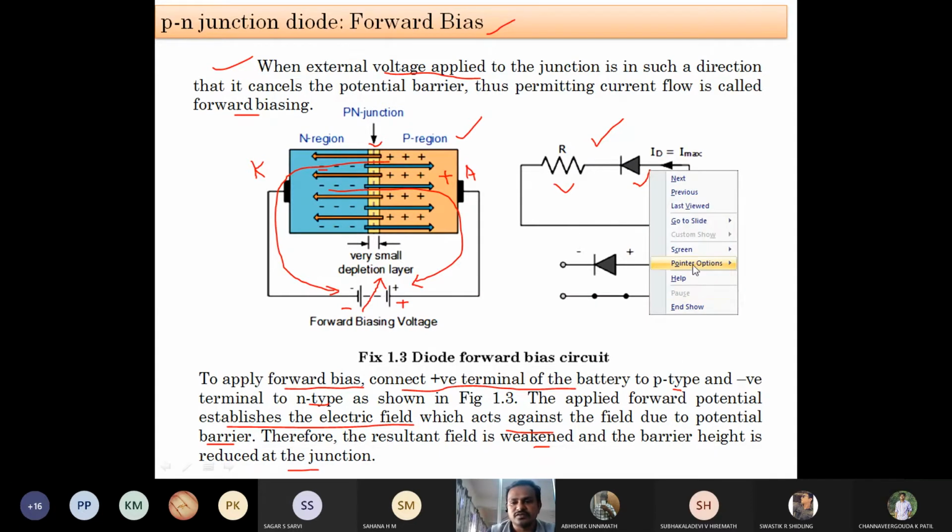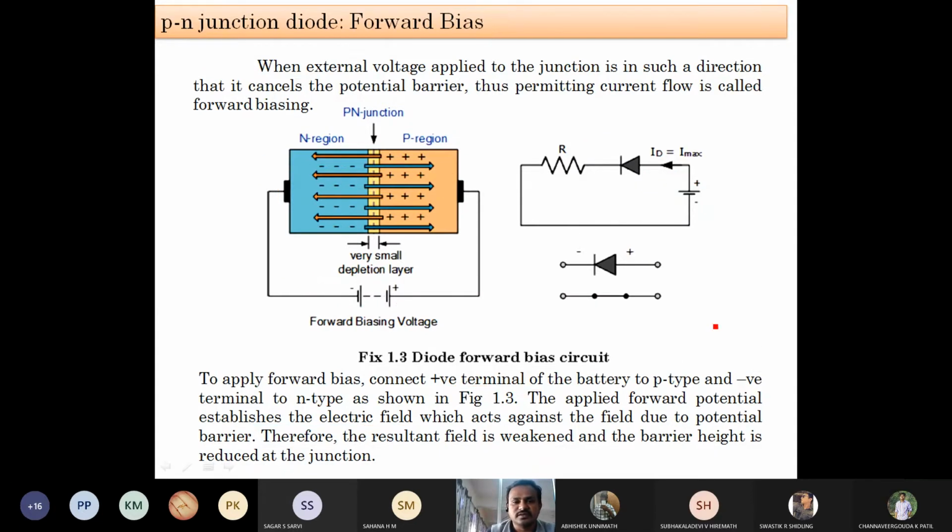If you carefully observe this region, the P-type semiconductor material, the majority charge carriers here in the P region are holes.